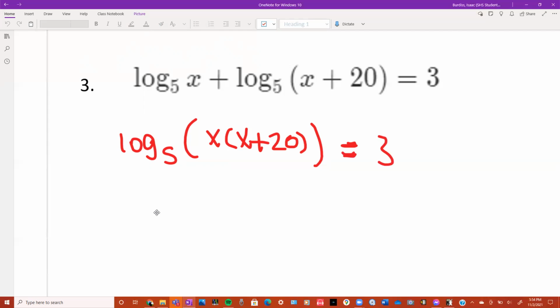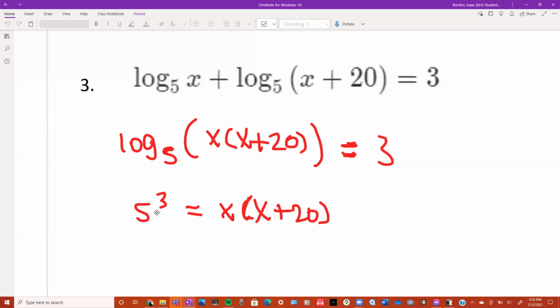So we don't have a logarithm on both sides, this thing. That's not on both sides. So we can't just get rid of this thing. Instead, we use our rule knowing that this base to this power equals this. So in other words, 5 cubed should equal our argument, which was x times x plus 20.